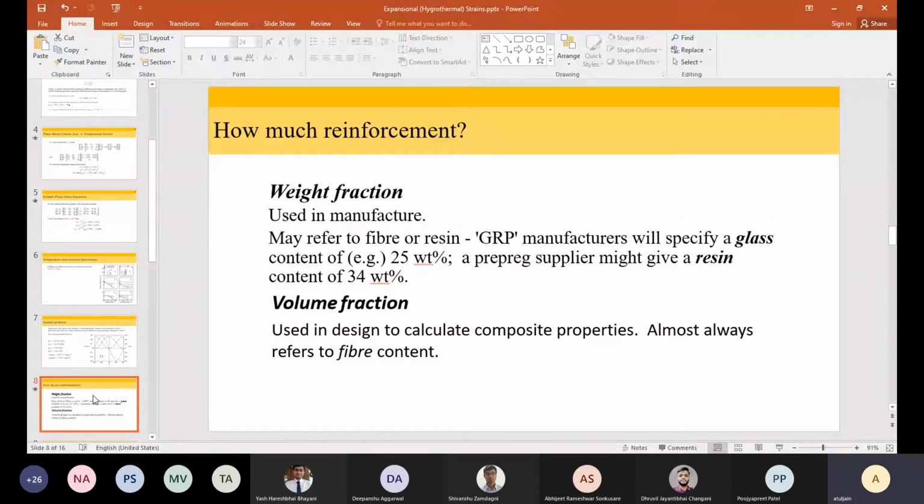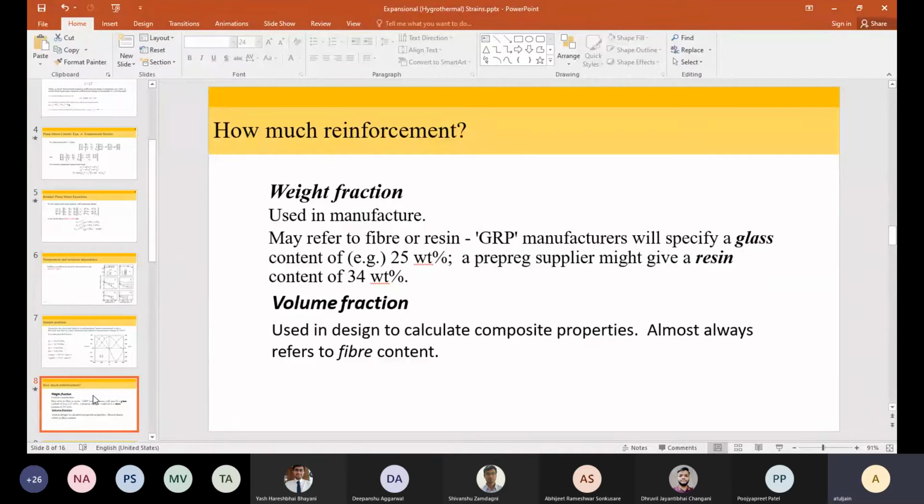They refer to how much is the weight fraction of the fiber for the composite. Volume fraction is how much is the volume of the fiber. Manufacturers usually are more interested in the weight fraction. We mechanics people are more interested in the volume fraction.